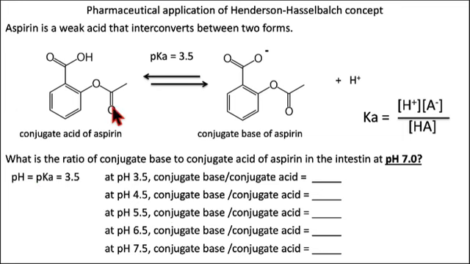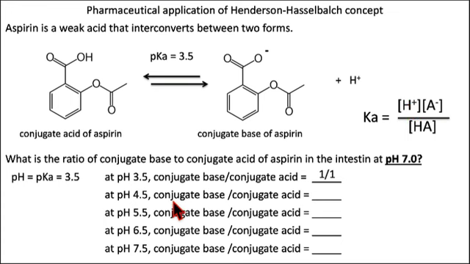The Ka is a constant. It's an equilibrium constant for the acid. It'll never change. So we think of pH equal 3.5. What will the ratio of conjugate base to conjugate acid be? Well, it'll have to be 1 to 1, because for the pH to be equal to the pKa, the Ka will have to be equal to the proton concentration.